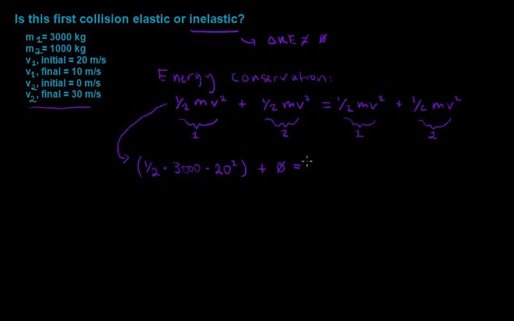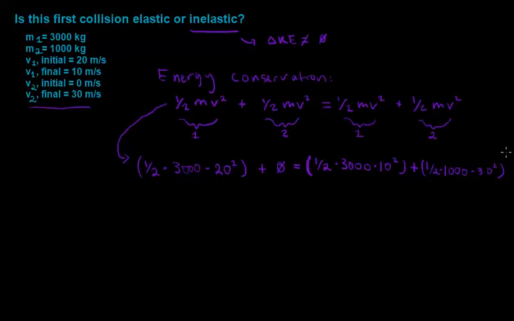This will be equal to, let's do another big parenthesis, 1/2 times 3,000 kilograms, rock 1 again, and our final velocity was 10 meters per second, squared, plus 1/2 times 1,000 kilograms, rock 2 again, times the final velocity that we calculated, 30 meters per second, squared.